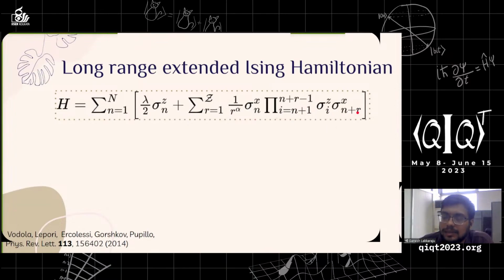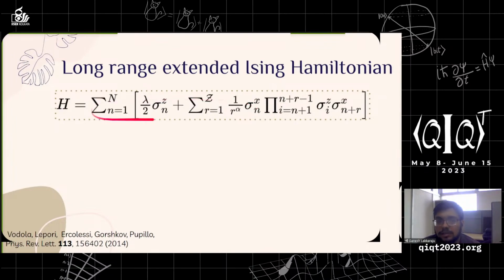If one more interaction term is present, that is the next nearest neighbor, we would see that this model is long range. On the other hand, whenever there is more than one neighbor to interact, they are not interacting directly, but there is a sigma z acting on the spins present in between.